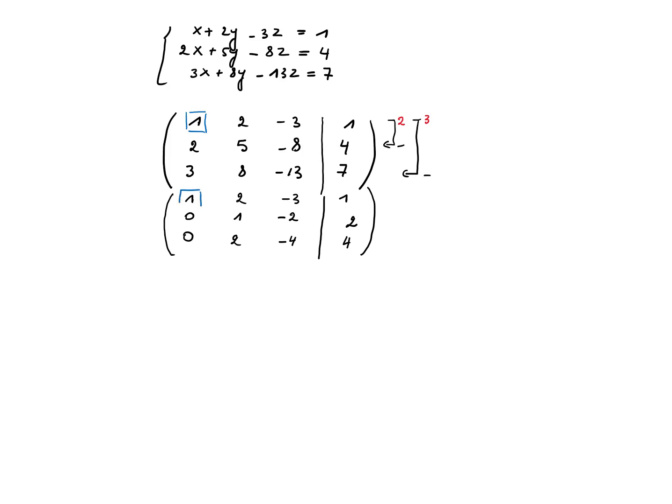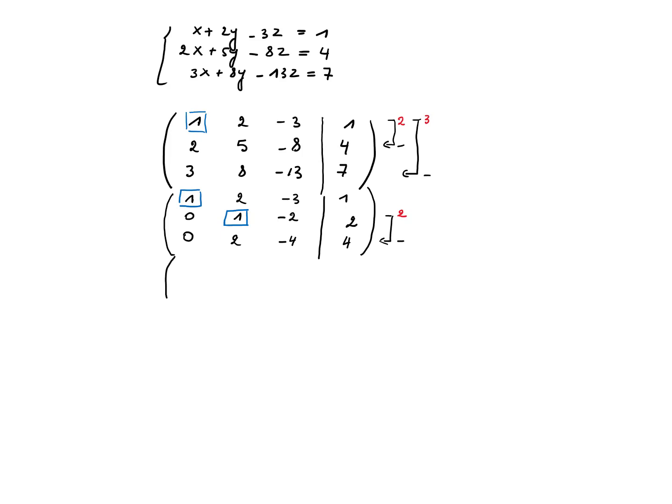So obviously I want to bring the system in upper triangular form. Here's my next pivot, and in order to bring it in upper triangular form, I need to create a 0 over here. And my multiplier will be the entry that I want to make 0 divided by the pivot, so it is a 2 over here.